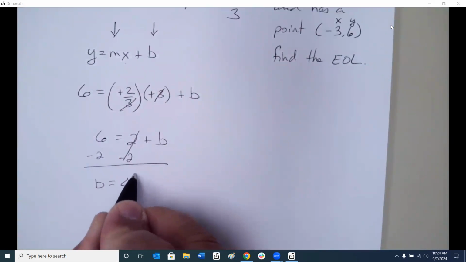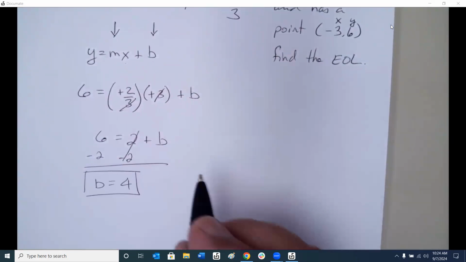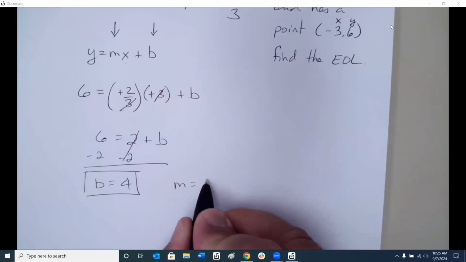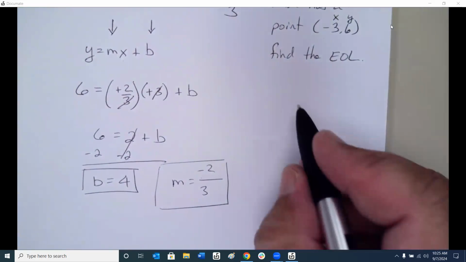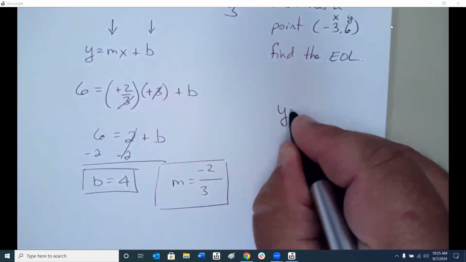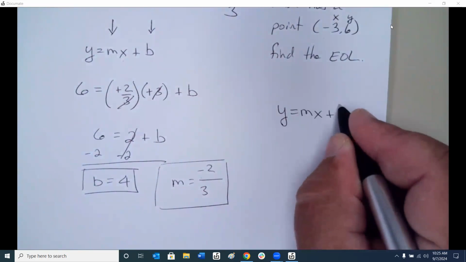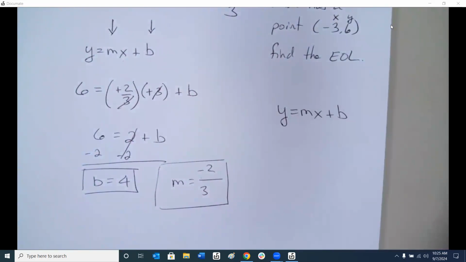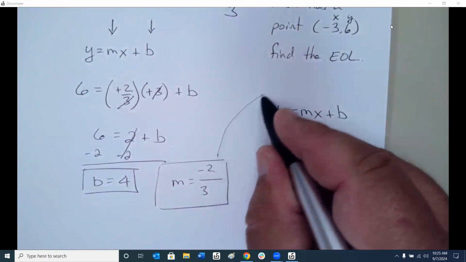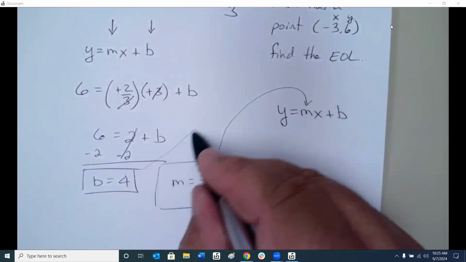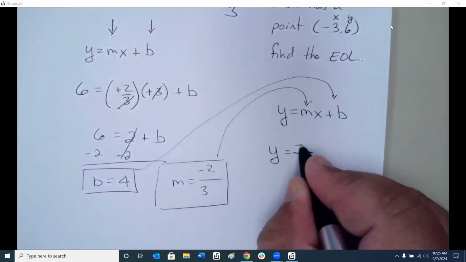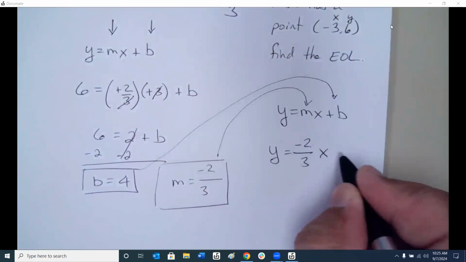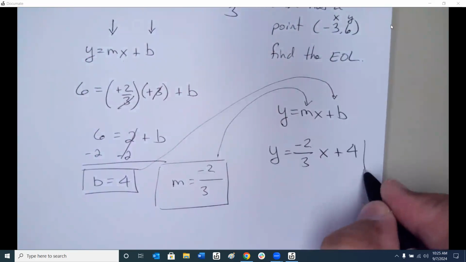So b equals 4. And m equals -2/3. Plug them in the equation. Y equals -2/3 x plus 4. And there's your answer.